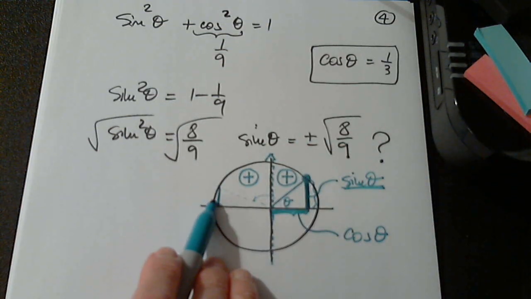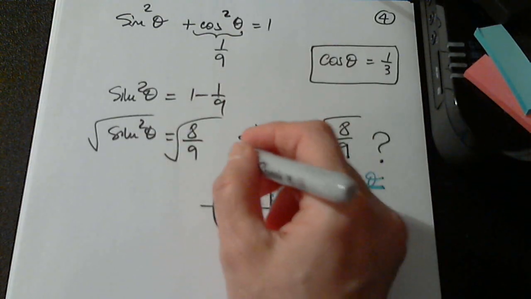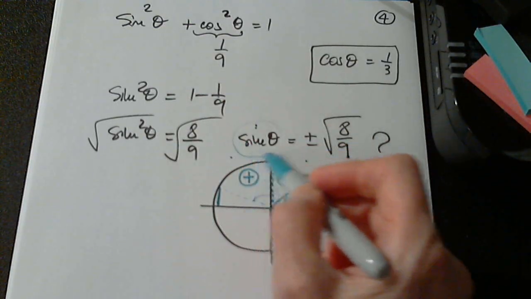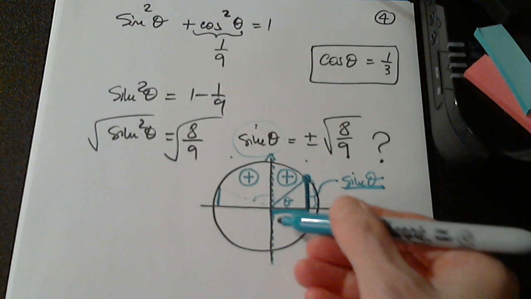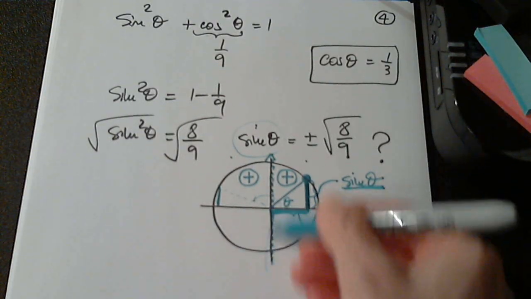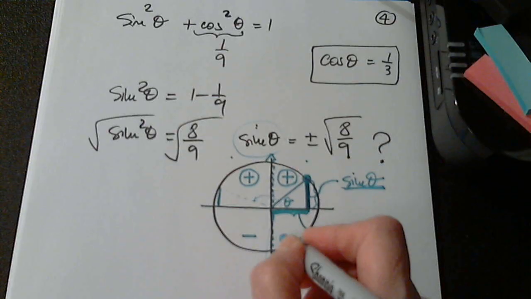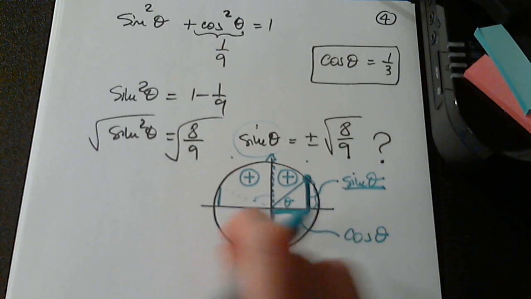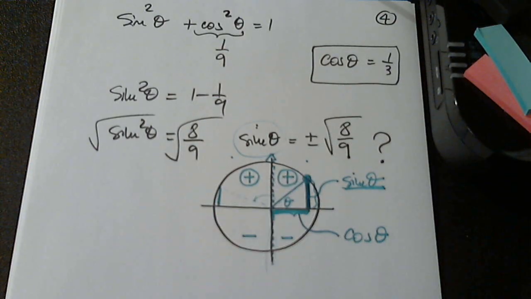That will be the sign. So first quadrant and second quadrant have sign positive. Of course, when we get under the x-axis, the sign will be negative. In the third quadrant and the fourth quadrant, sign is negative. Now let's analyze cosine.